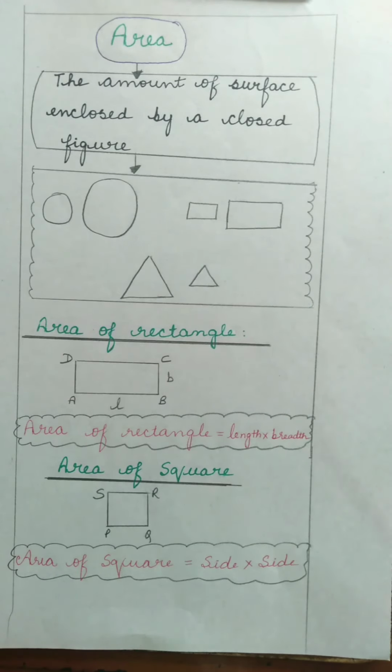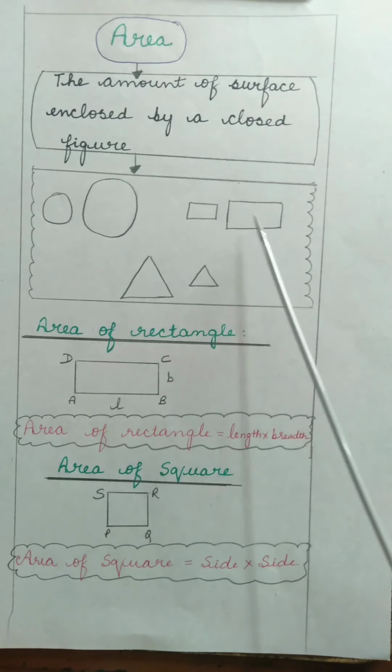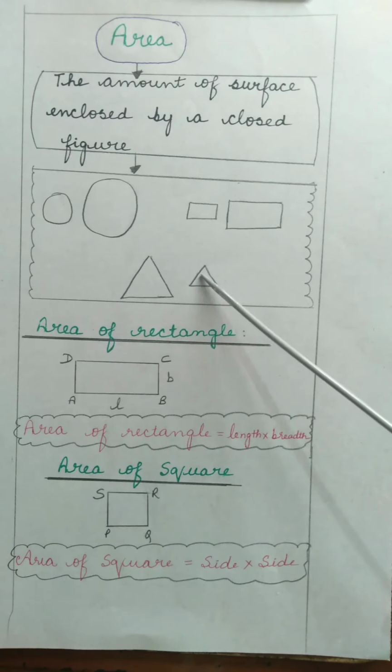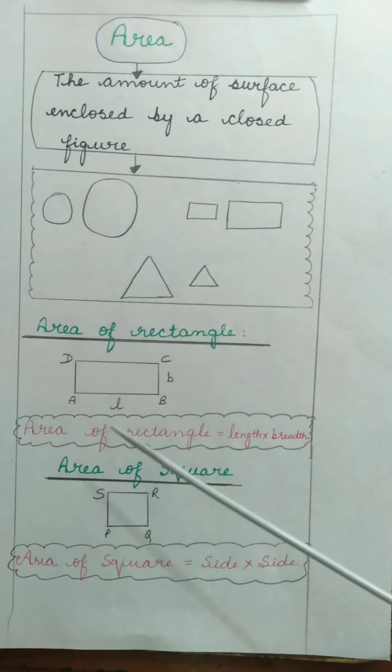Consider the second. We have a smaller rectangle and a bigger rectangle. Which one occupies a larger area, children? Of course, it is the rectangle which has the greater measurement, that is the bigger rectangle. Now, these two are triangles, smaller and larger. Which one occupies a larger area?